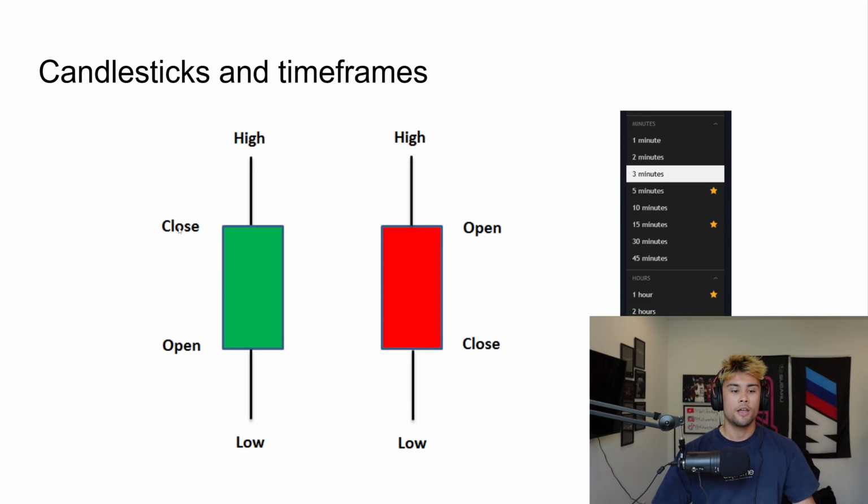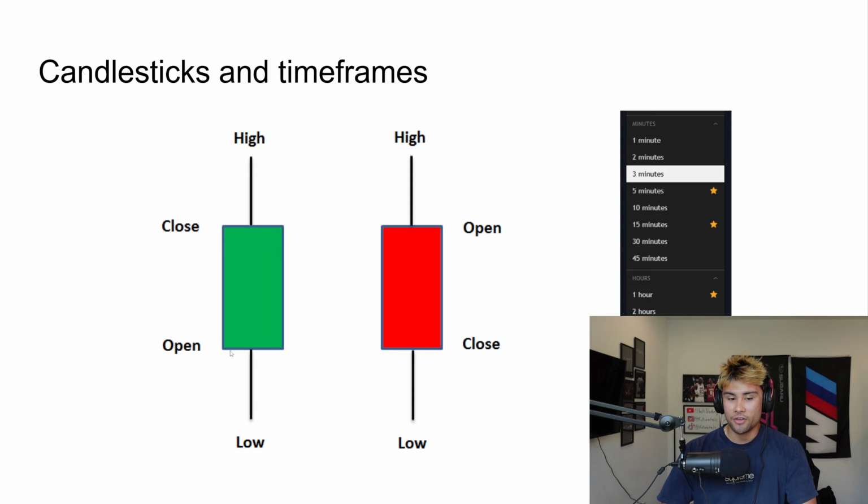Pretty simple. Now, this is what the candles tell us and how to read them. You have four parts of the candle. The very top of the wick is the high. The very bottom of the wick of a candle is the low.